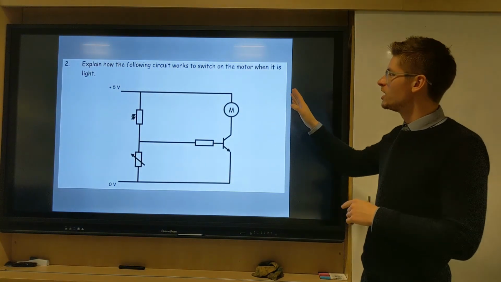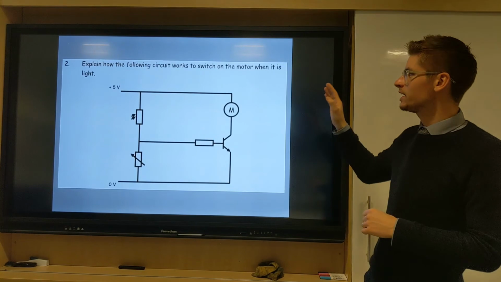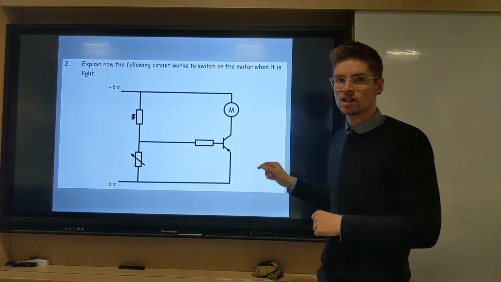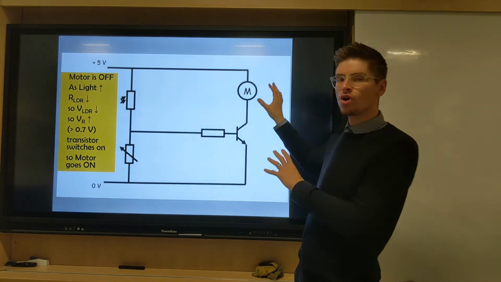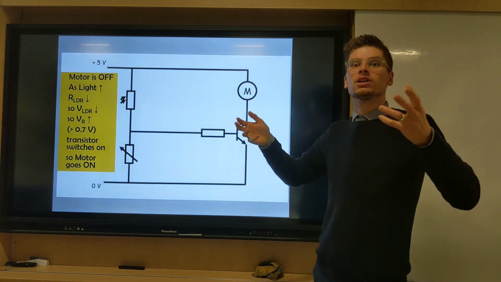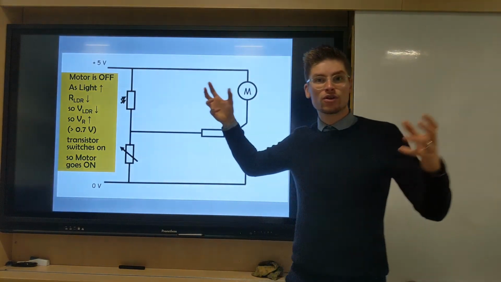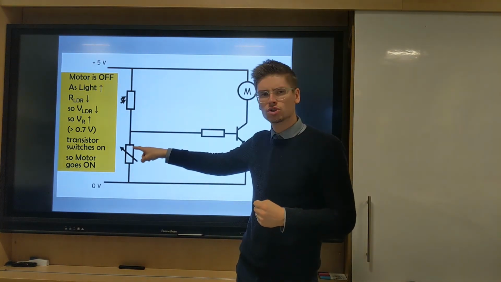In this one, it's asking us to explain how the circuit switches on the motor when it is light. Notice that the LDR has now moved up to the top. This is the second type of circuit that we get. So let's go through it now. The motor's off. As light goes up, light up, resistance down. Resistance goes down, therefore the voltage goes down. If the voltage goes down here, the voltage must go up here.